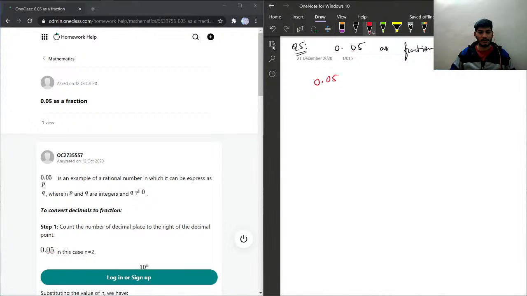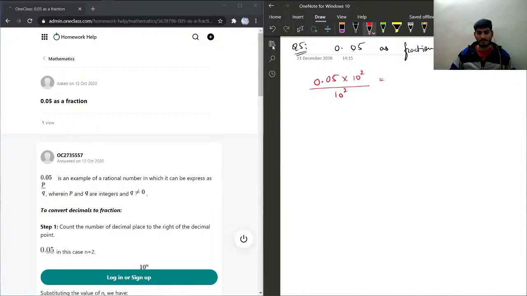I have 2 decimal places, so I will multiply by 10 to the power 2, and I will divide also so that the equality is maintained.